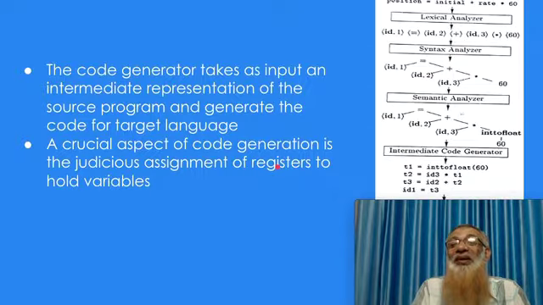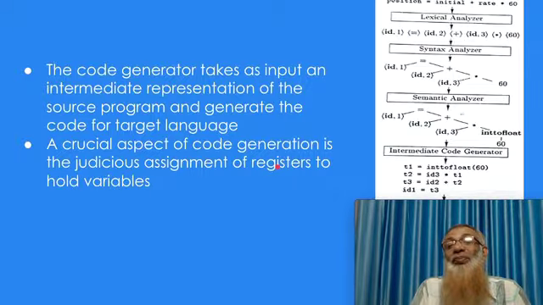Registers are GPRs, general purpose registers like accumulator and BC, like that. Now when you keep something in a register, we know that it will be faster to access that. The fastest memory location is a register.